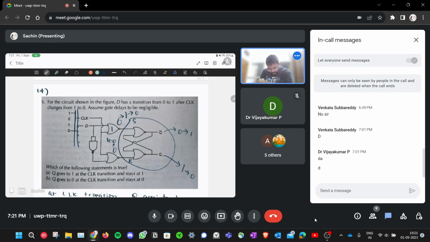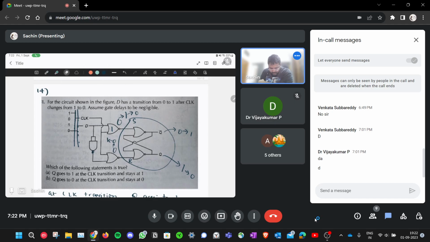Or wait. Clock is low, D is high, so the first NOR gate gives you a low, that's this. And since D is high, D bar is low, so you'll get a 0 here, and clock is also 0, 0 or 0 complement is 1.